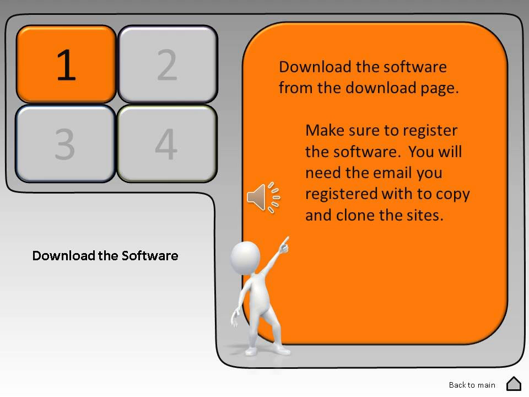The first step is to download and register the software. It was kind of interesting in this particular product. Something I hadn't really seen before is that in order for the utility to work, both when you're copying from the original site and when you're copying to the target site, you are required to enter your registered email, and then the system goes out and checks against the server to make sure that email is actually registered.